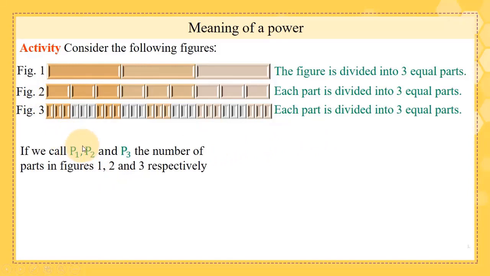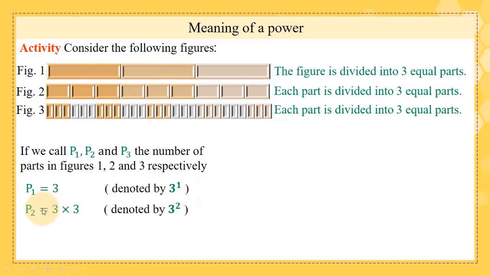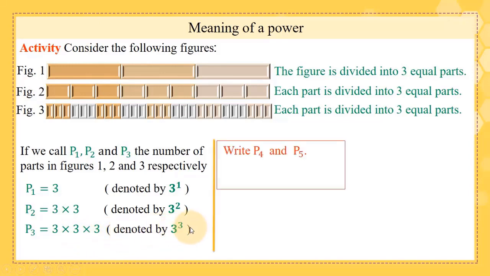If you call P1, P2 and P3 the number of parts in figures 1, 2 and 3 respectively, then P1 equals 3 denoted by 3 exponent 1, P2 equals 3 times 3 denoted by 3 exponent 2, and P3 equals 3 times 3 times 3 denoted by 3 exponent 3.